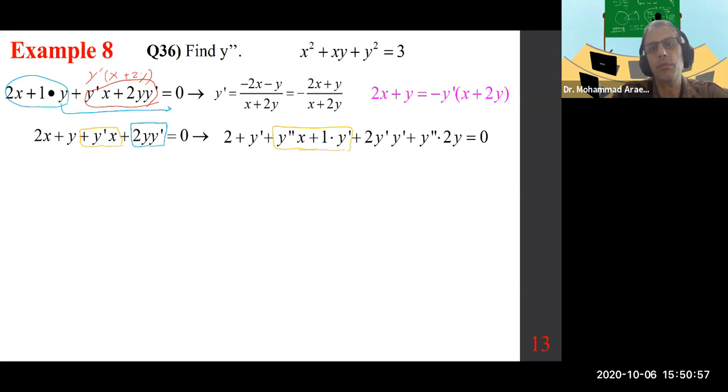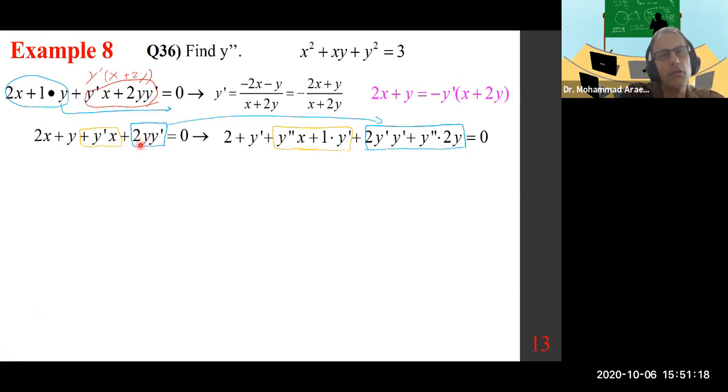Two y prime is this piece. Product rule, again, as long as we understand that, practically we're done.